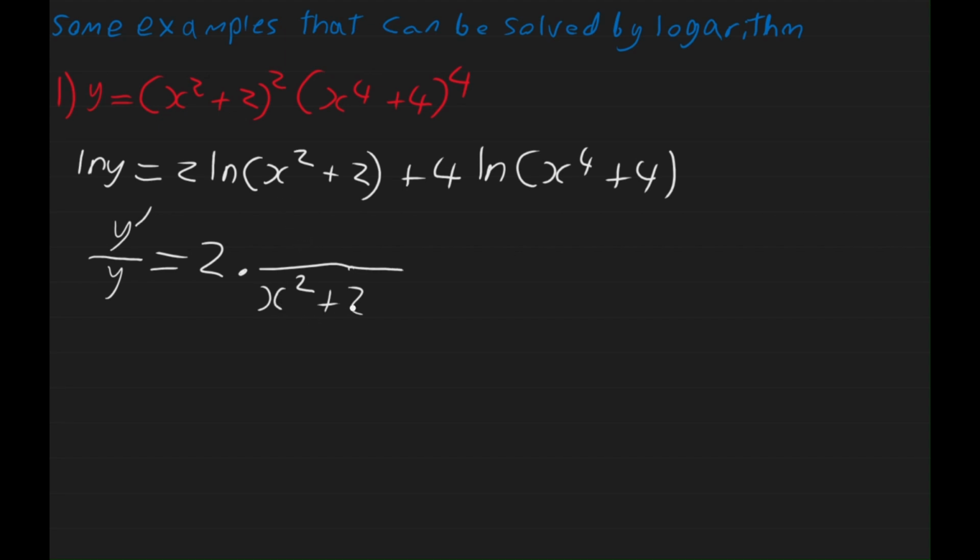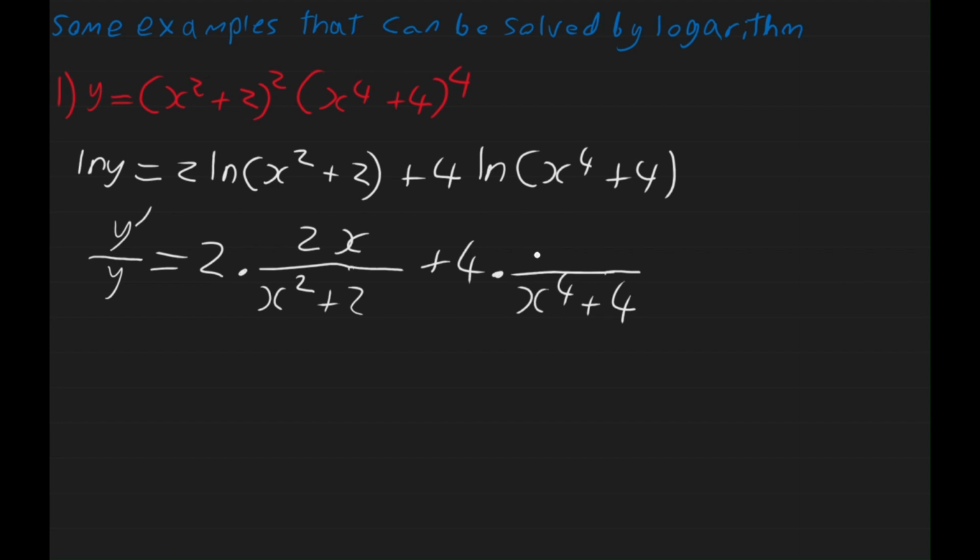What's the derivative of x power 2 plus 2, which is 2x, plus 4 multiplied by the derivative of this, which is x power 4 plus 4.